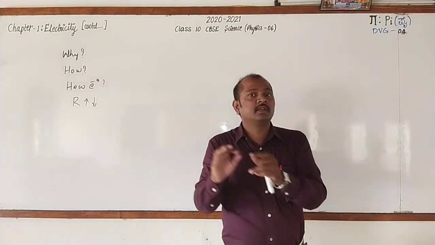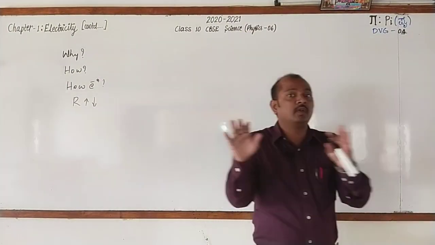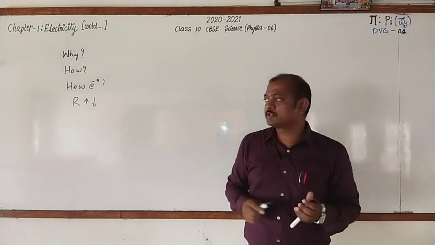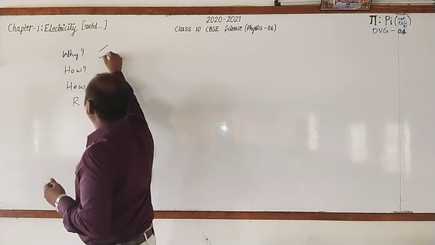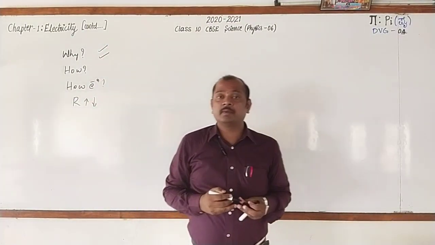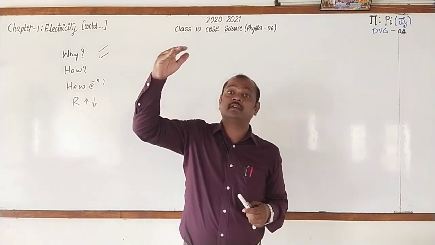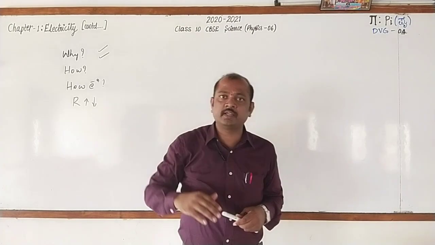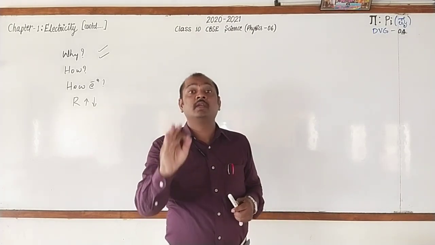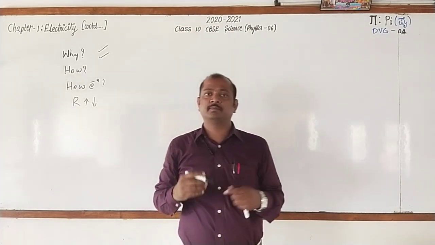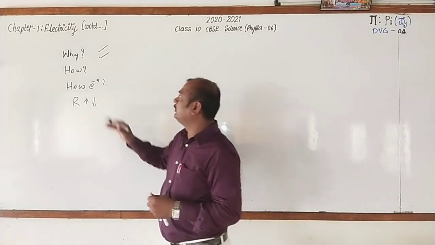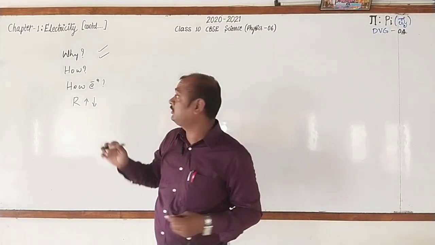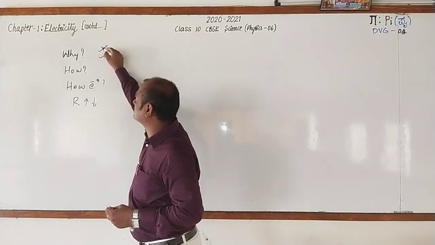The reason is the proper electric current will not flow. Right? This is one reason. Another reason is sometimes we need to increase the resistance of the entire circuit, and sometimes we have to decrease it. So in order to get the desired electric resistance, high or low, we go for connecting them in different ways. These are the two reasons.